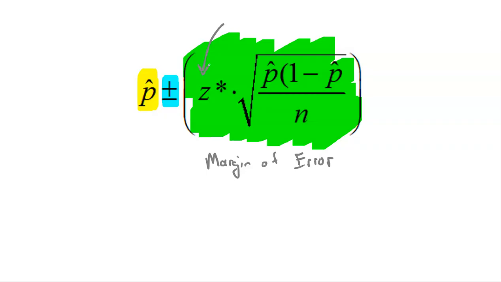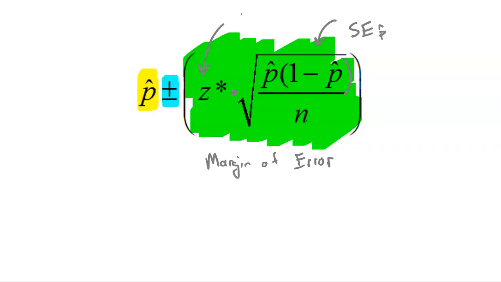First, we need a z star multiplied by the standard error of that sampling distribution. The formula for that standard error is the square root of your sample proportion p hat times the opposite of your sample proportion, 1 minus p hat, all divided by n, inside the square root.